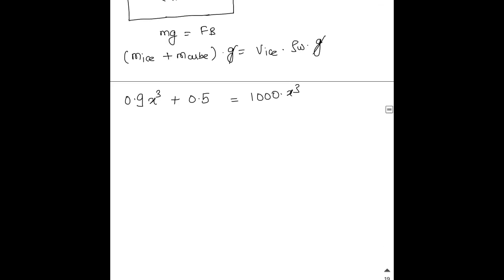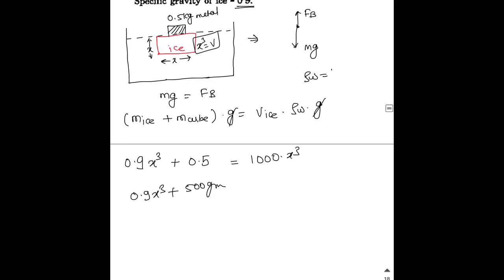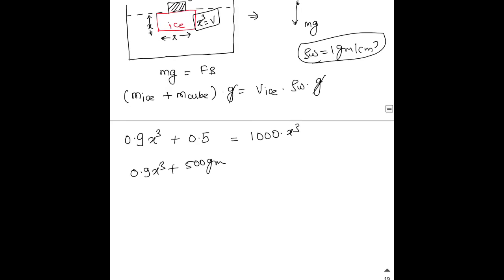Then if we simplify it further, 0.9 x cube plus, we will convert that into gram, because I have taken the density of water to be 1 gram per centimeter cube, so I don't have to multiply that. I will just keep it as 0.9, and this is going to be again 1 gram per centimeter cube.